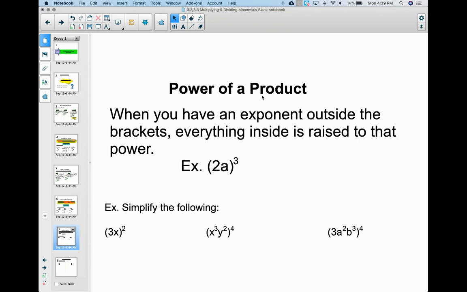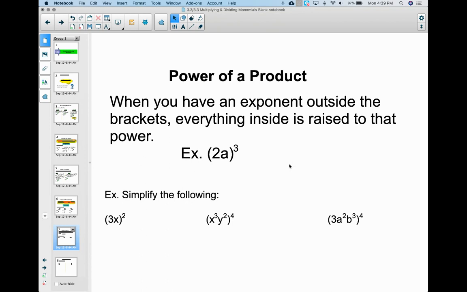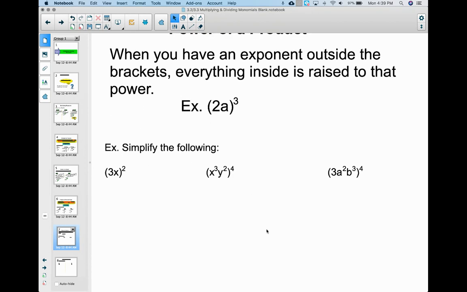Anytime you have an exponent outside the brackets, everything inside is raised to that power. This is not something new. We've seen this in our last cycle as well.